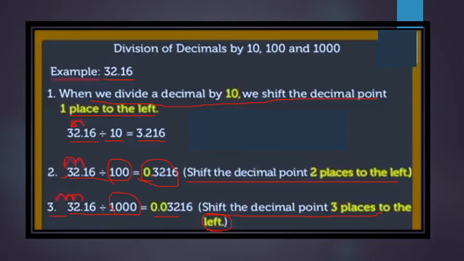So the answer we will get is 0.03216. I repeat, when we divide 32.16 by 1000, we move the decimal point three places to the left. When we move it towards the left and we don't have any digits, we insert zeros here as placeholders.